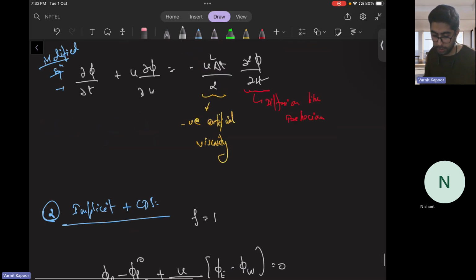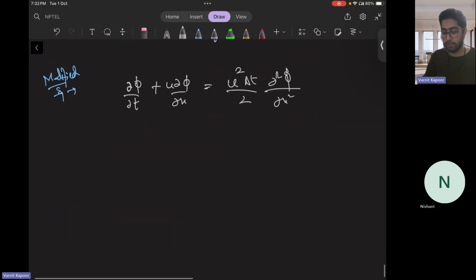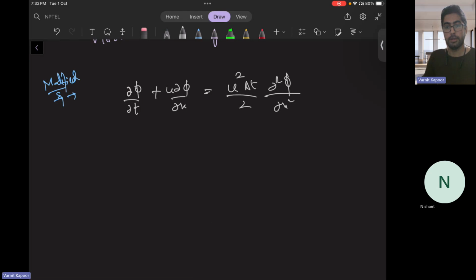Earlier we got a minus u square delta t by 2 dou 2 phi by dou x square, but this time it's a positive value. So it's a positive artificial diffusion. Stability does not guarantee the correctness of the solution. Make sure that it's an unconditional stability, but it doesn't mean the solution is correct.